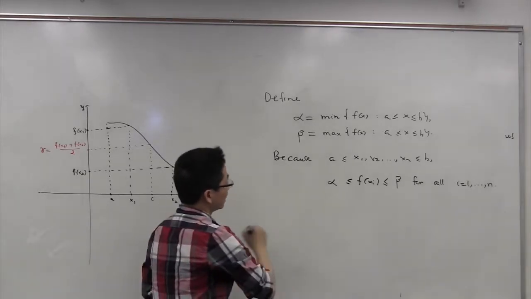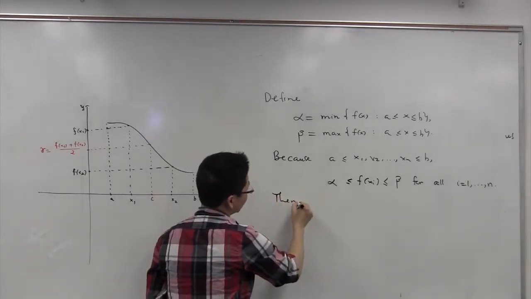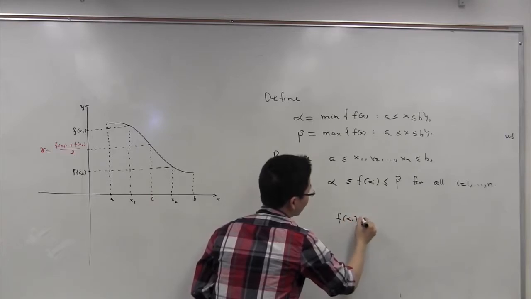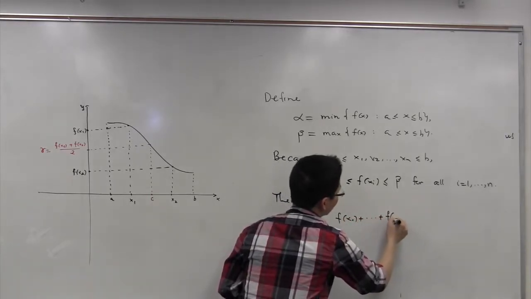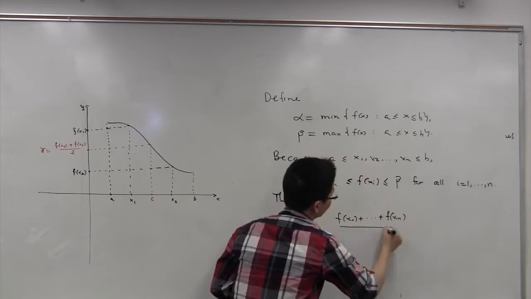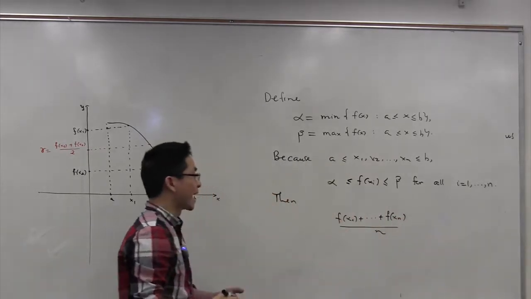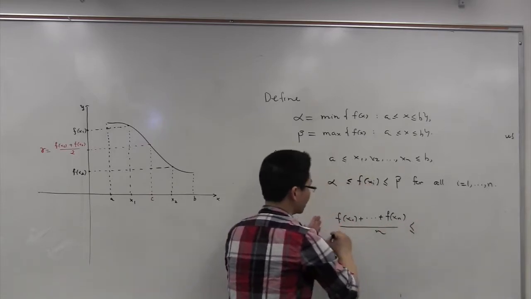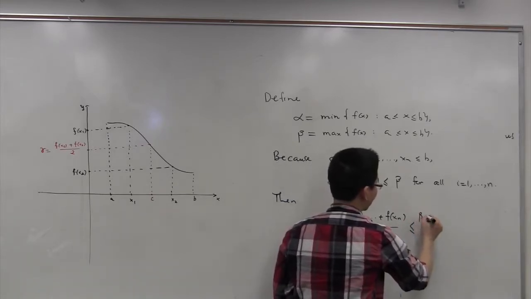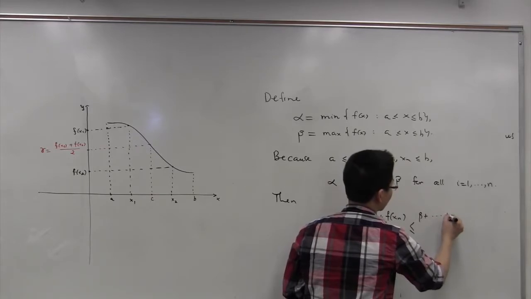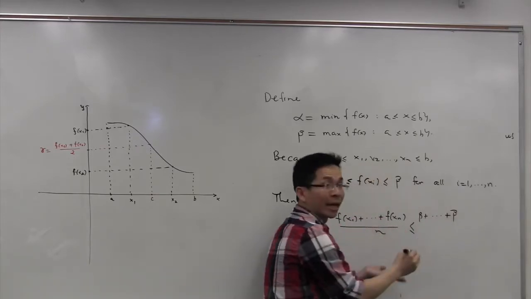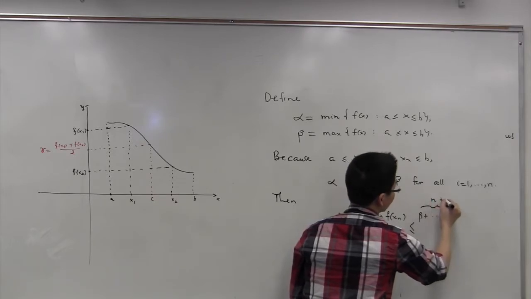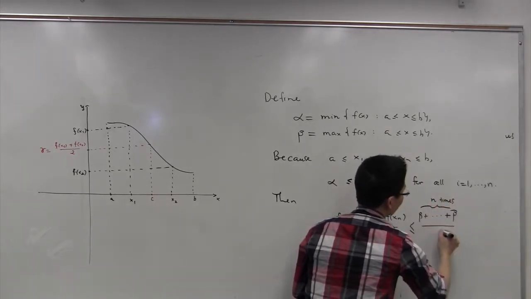Then we see the following. The average of f of x1, ..., f of xn is always less than or equal to beta plus so on plus beta, n times, over n.